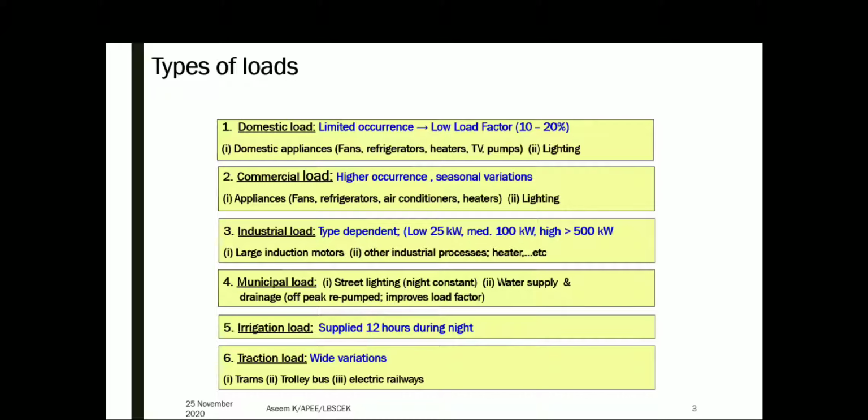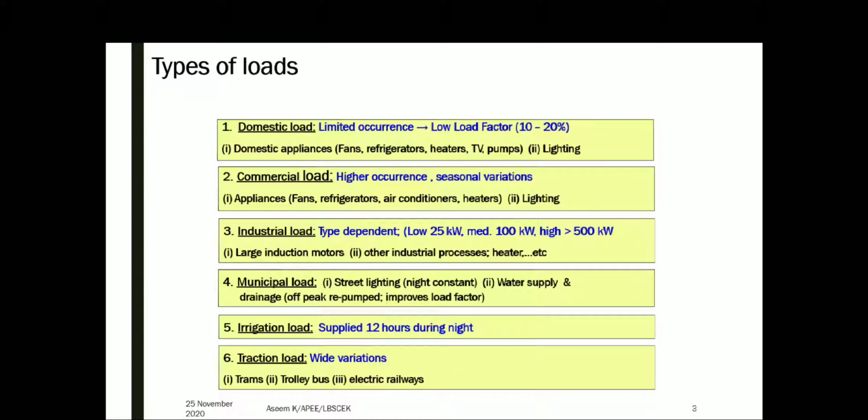So, domestic load, that is the load which can be considered in domestic appliances such as fan, refrigerator, heaters, TV, pumps, etc., or a lighting load.